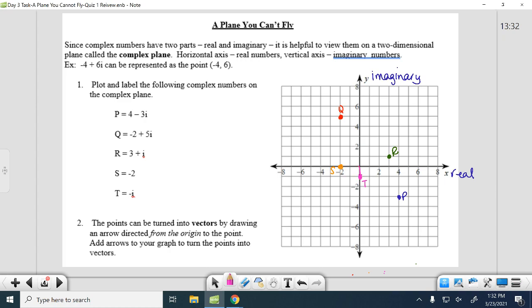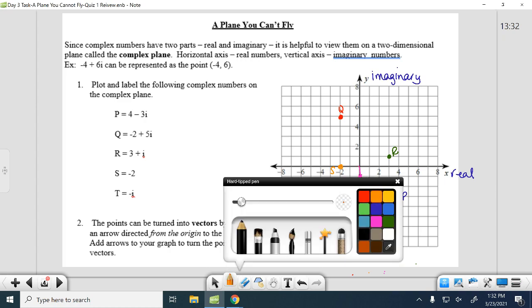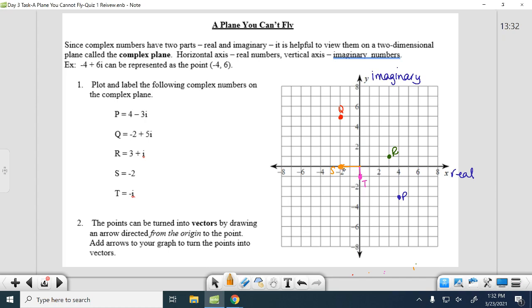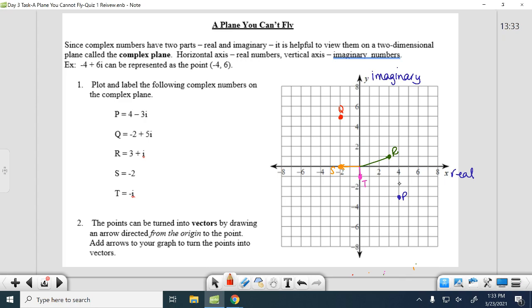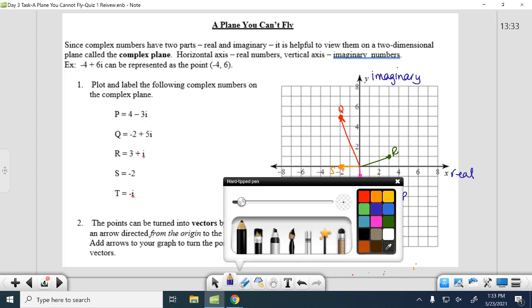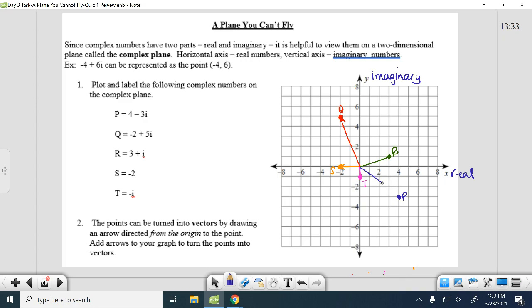So here are the little vectors if you want to go through and sketch those as well, all from the origin. And they do represent the ordered pairs that we have sketched. All right, there's my Q. I've got one more to sketch in here. And P from the origin down to 4, -3i. There you go. Good job. Piece of cake.